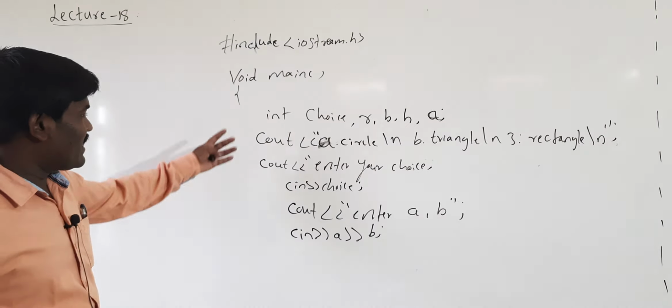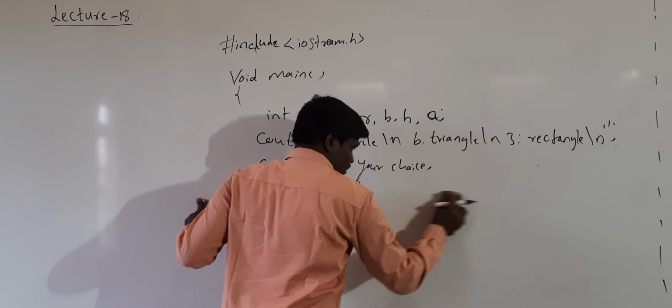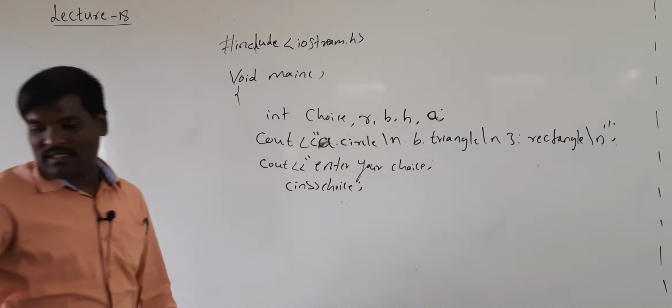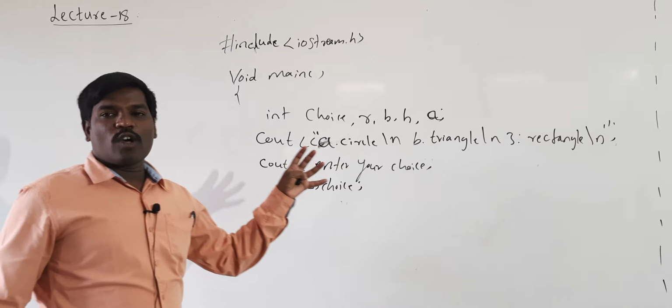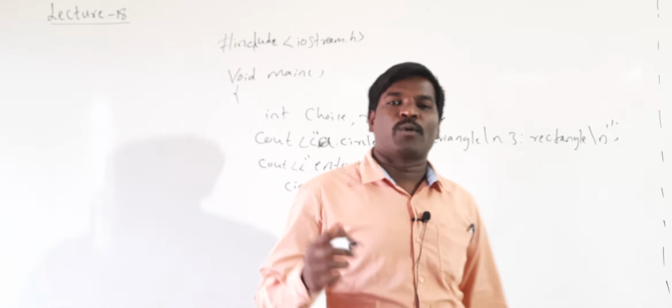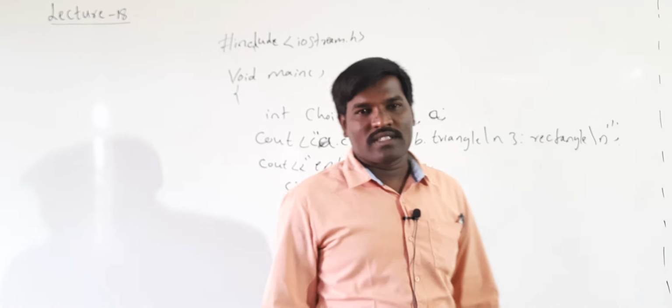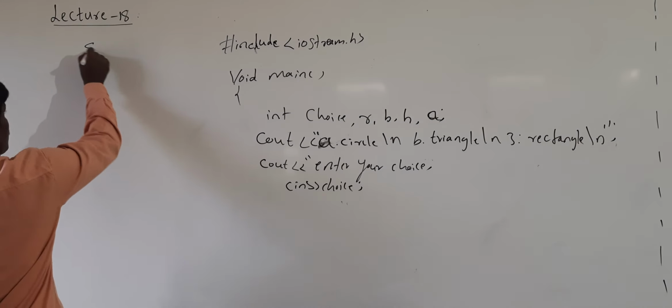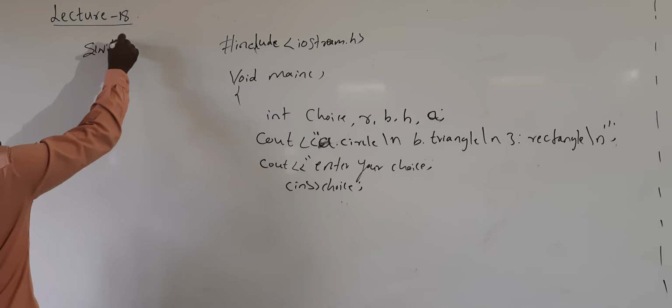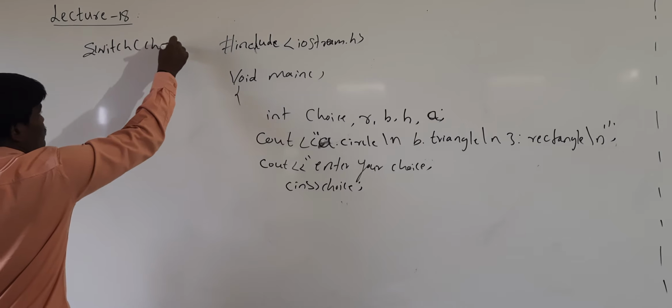Okay, so again as it is, see here, don't write cout and cin because each operation has a different input value or values. So that's why within the switch you have to give the input, switch of choice.